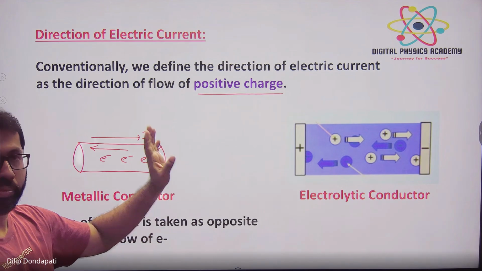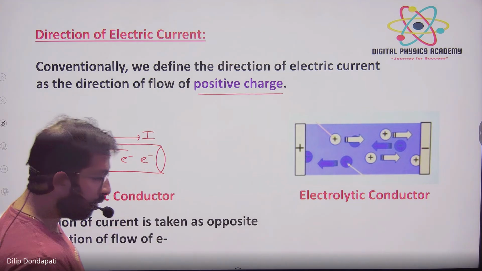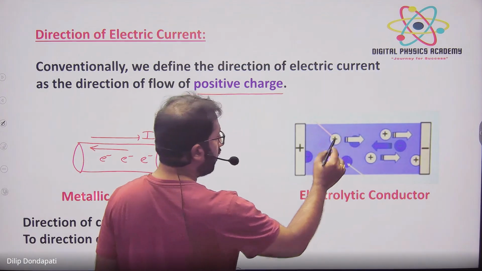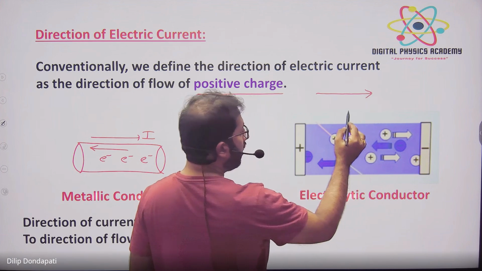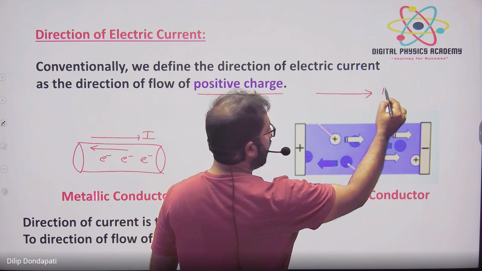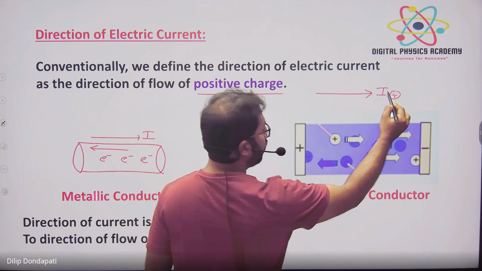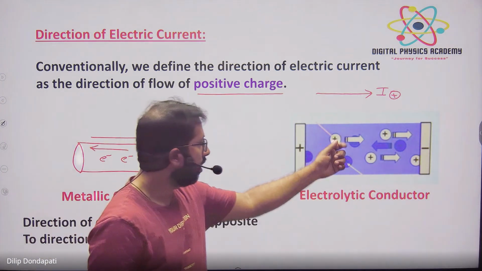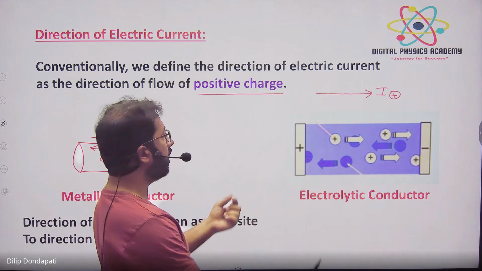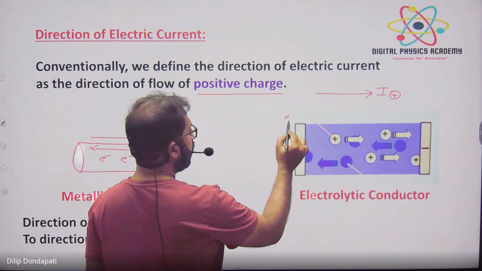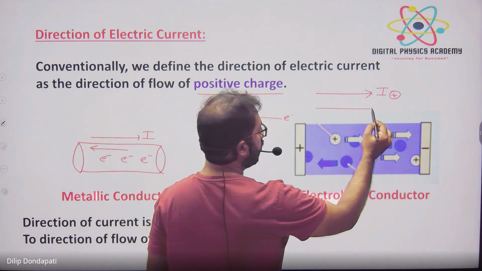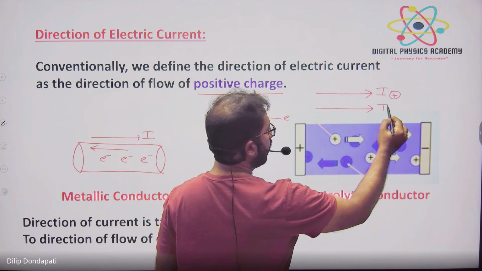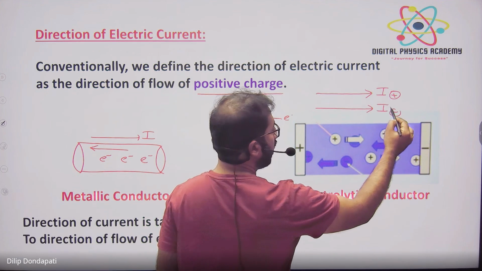Suppose the positive charges are moving in this direction, then the current direction is taken in the same direction. The negative ions are moving in the opposite direction, so the current due to them flows exactly opposite to the negative ions.